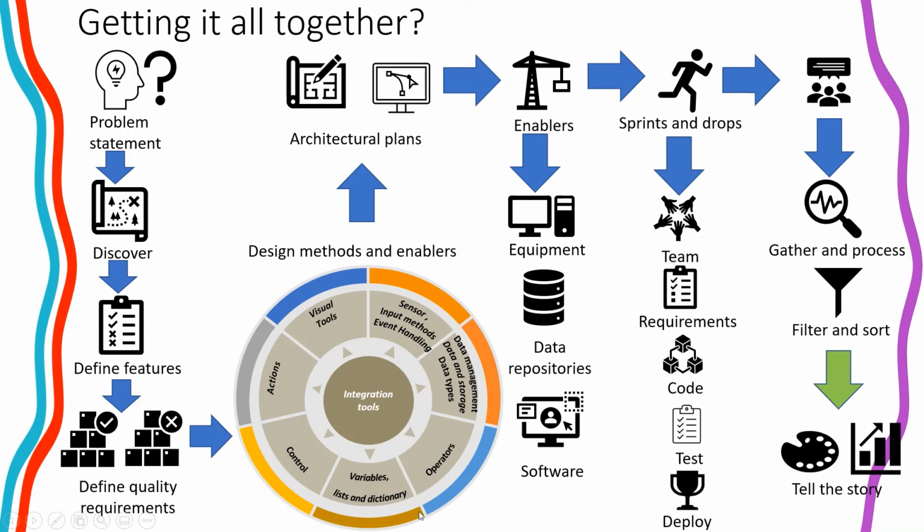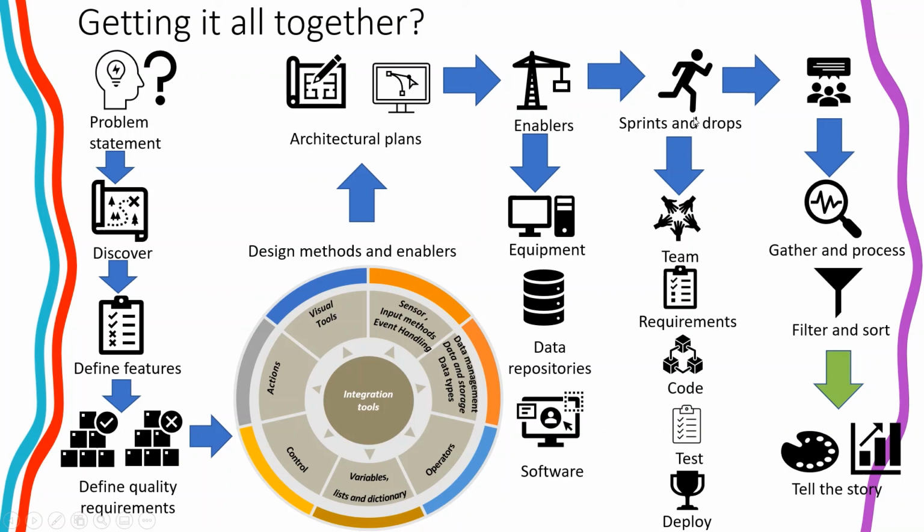We then would utilize all of our tools to build an architectural plan of how we resolve the issue. That would include a concept diagram, flowcharts, mind maps for some of you that like to use that concept. And then we would gather the enablers, meaning the equipment and what we need.